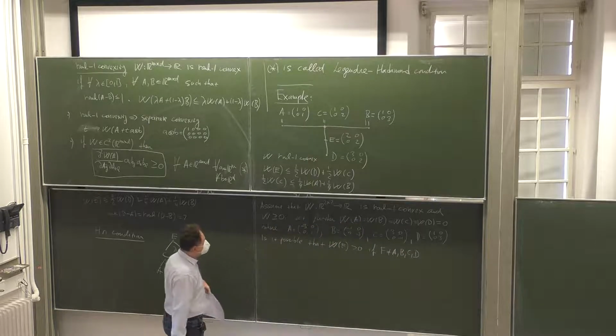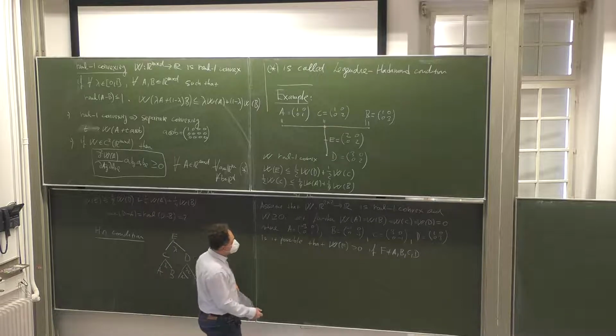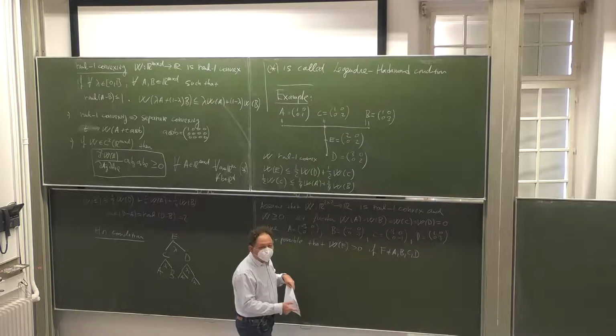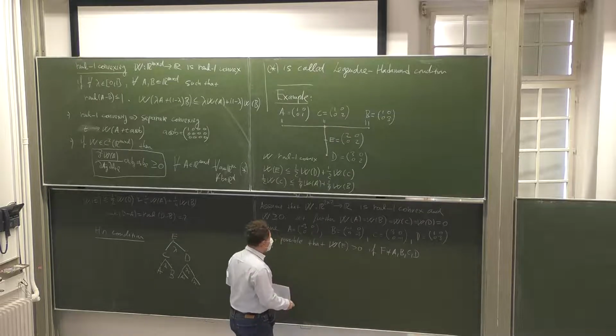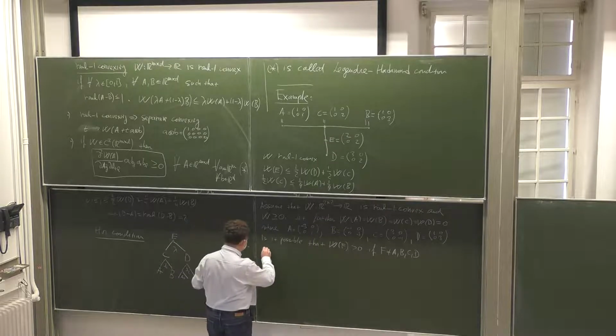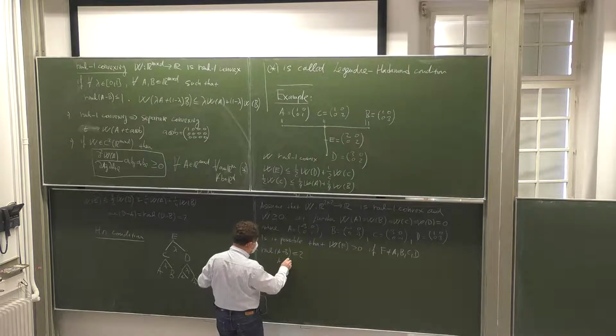So if I haven't made any mistake, then what we see is that there are no matrices that would be rank 1 connected pairwise. So we see that the rank of A minus B is 2, and the same holds for A minus C, A minus D, and so on.